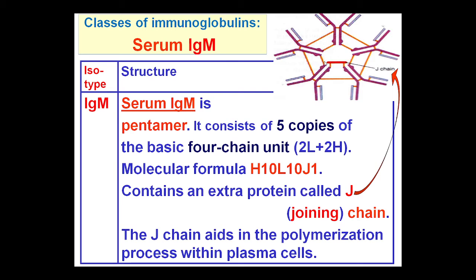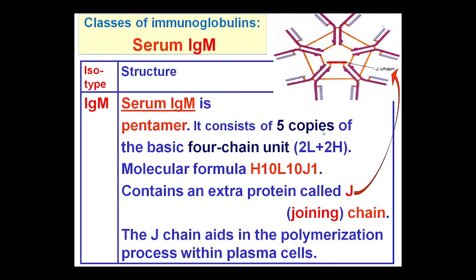As a result, the structural formula of this immunoglobulin is 10 heavy and 10 light chains and 1 J chain. This is a very heavy molecule with a molecular weight of about 500,000 daltons, or 500 kilodaltons.